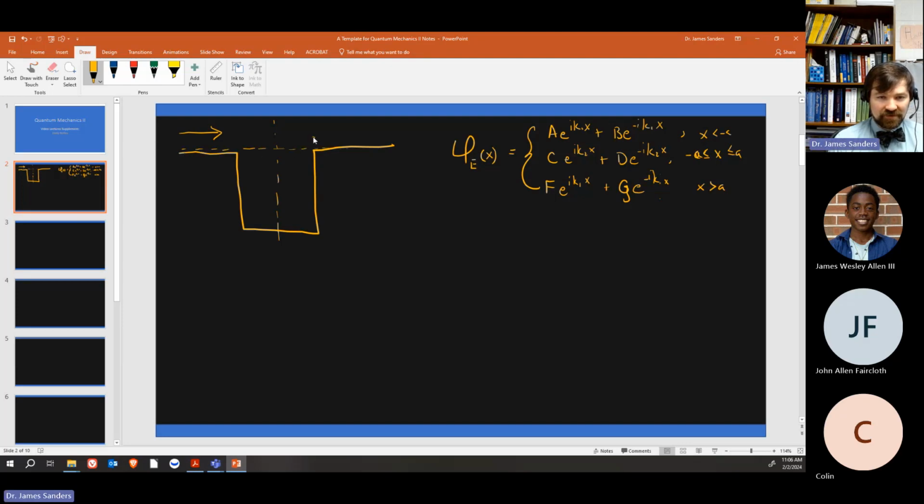So this right here has a value of a, this is minus a, and this is minus V naught. And where, of course, k1 and k2 are coming from the energies.